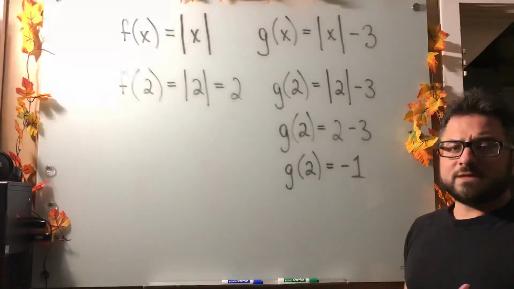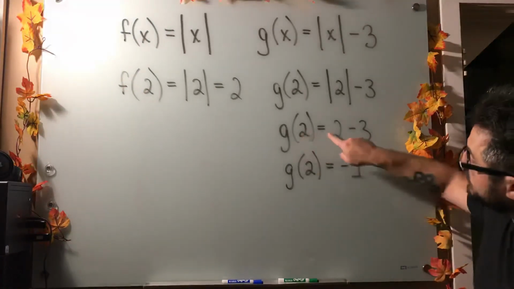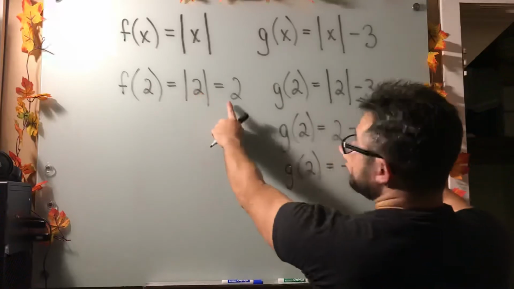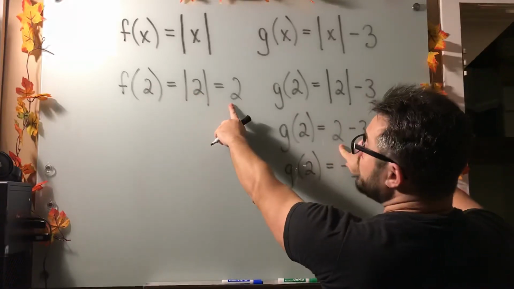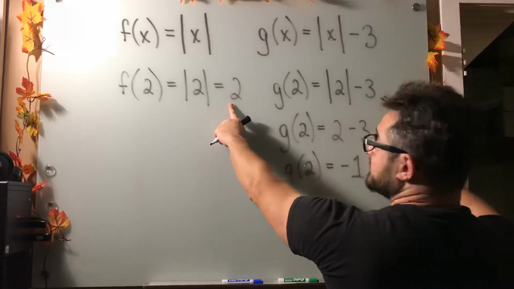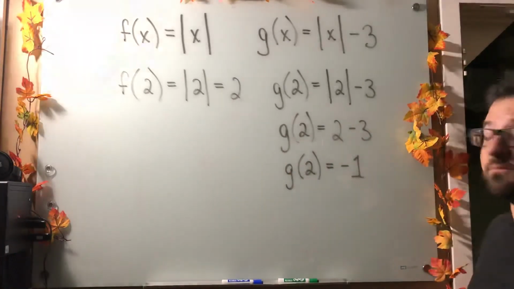That's why it creates a vertical shift, because it's going to take the same x value and produce the same y value, at least at first. Then it's going to make that alteration to the original y value.